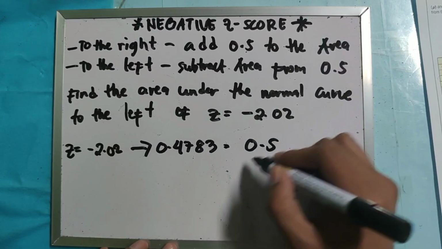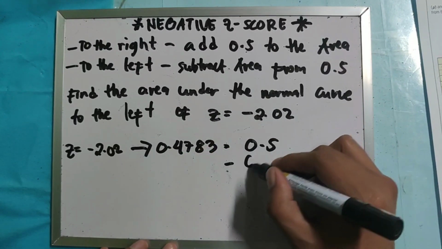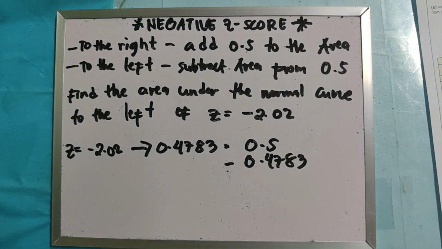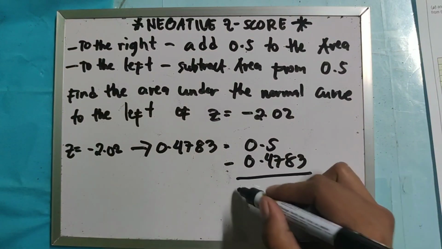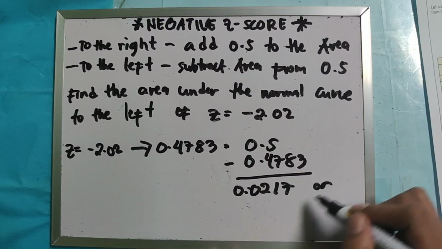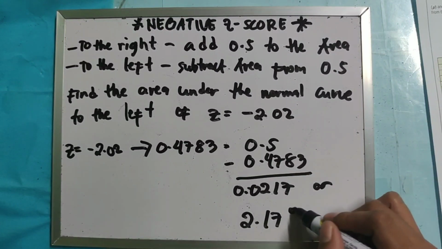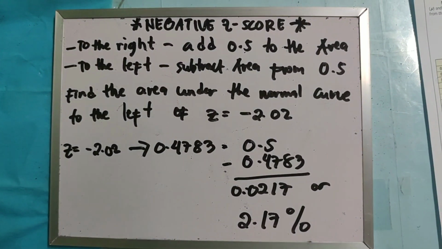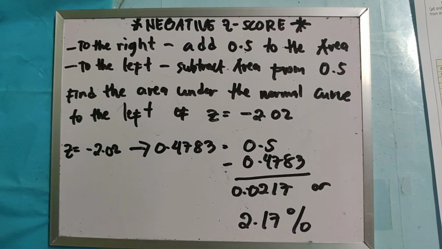So, 0.5 minus the area, 0.4783. The result is 0.0217 or 2.17%.